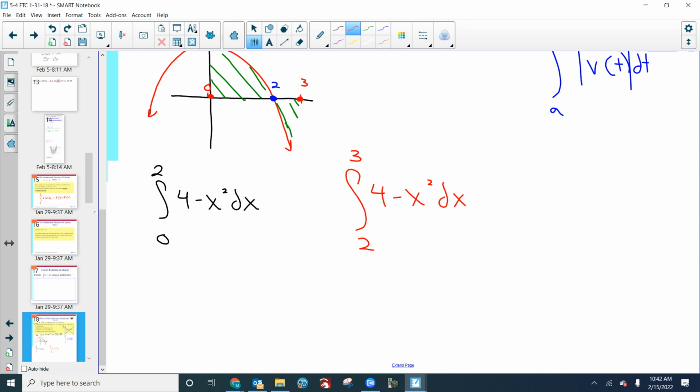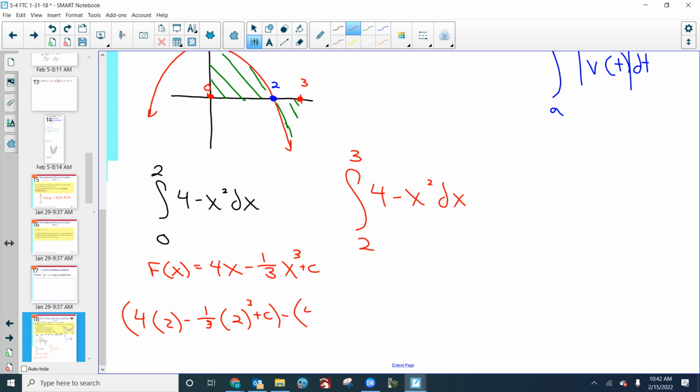Well, how do I find the area under this? Antiderivative. What's the antiderivative of 4 minus x squared? So capital F is 4x minus 1/3 x cubed plus a constant. Plug in 2, minus plug in 0. 4 times 0 minus 1/3 times 0 cubed plus a constant.